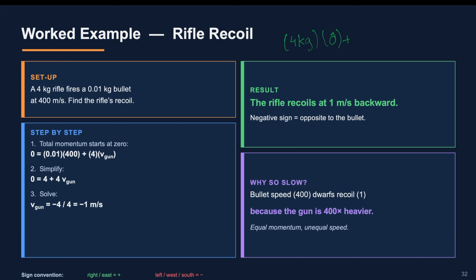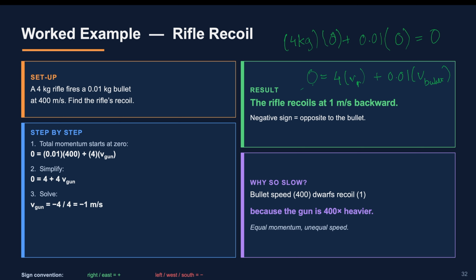And the same thing for the bullet, initial momentum is 0, because they're both stuck inside the gun. So the initial momentum is 0, which means the final momentum has to be 0. That's why I'm going to set them equal here. So 0 is equal to 4 times the velocity of the rifle, plus 0.01 times the velocity of the bullet.